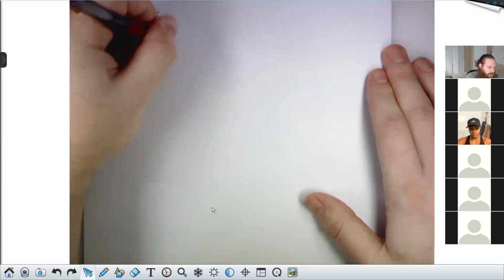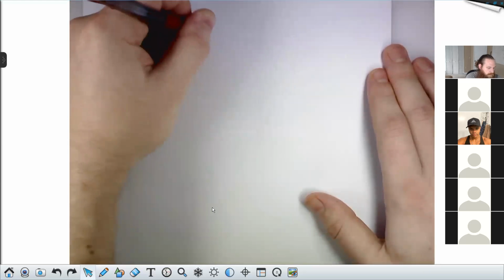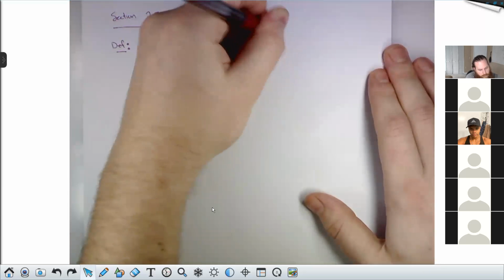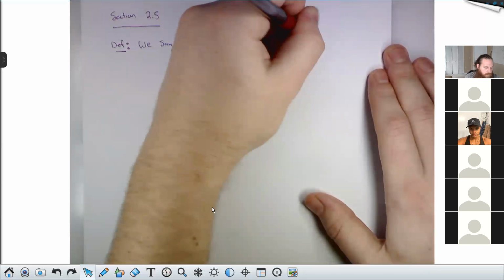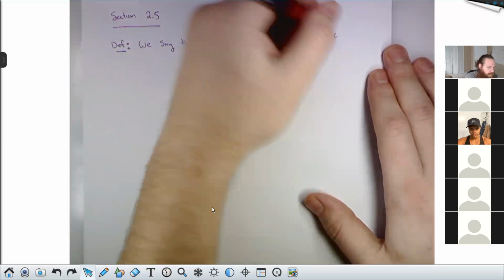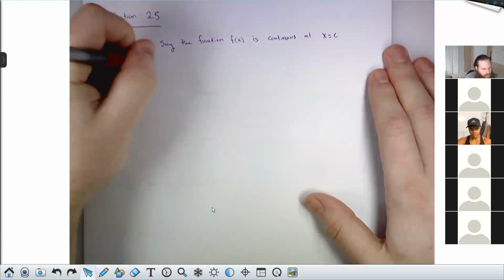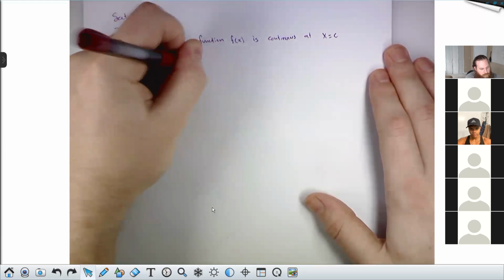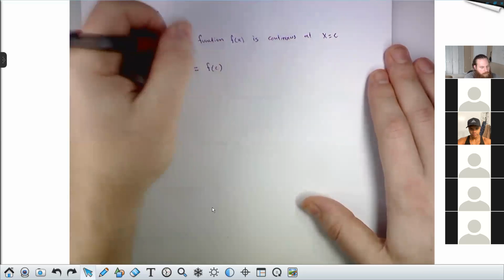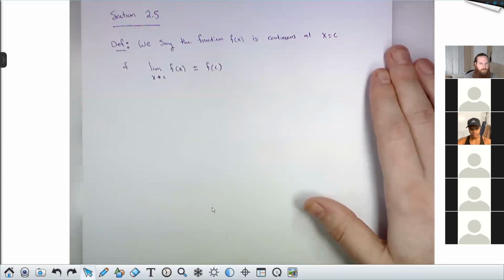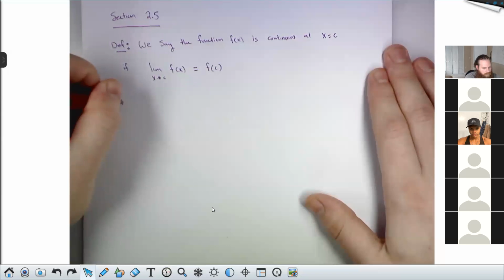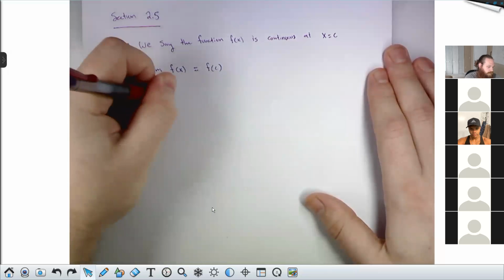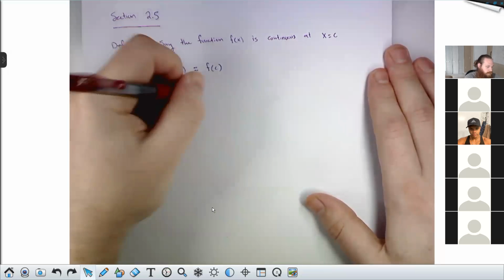We say the function f of x is continuous at the number x equals c if the limit as x approaches c of f of x is what you get by plugging in the number c. A quick note, this can fail in 3 ways.